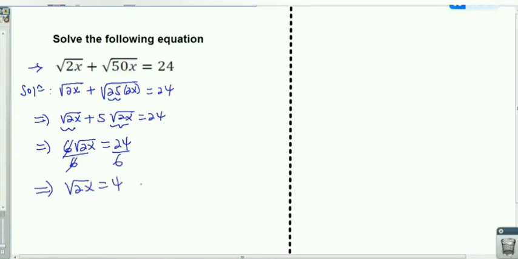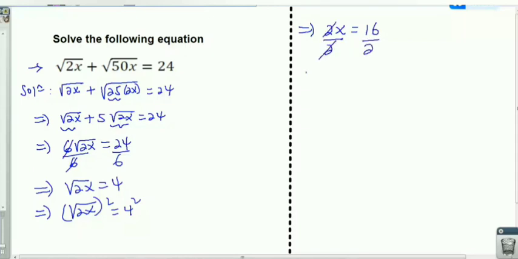Squaring both sides, we get 4 squared. Radical 2x the whole squared means 2x, and 4 squared is 16. Dividing both sides by 2 will give us x equals 8.